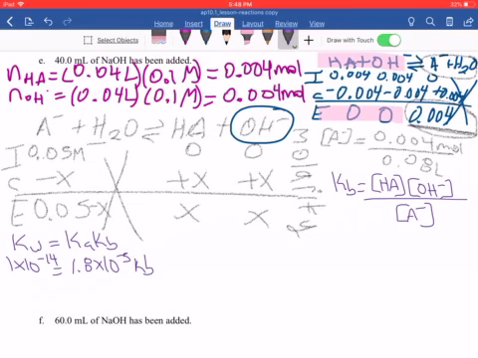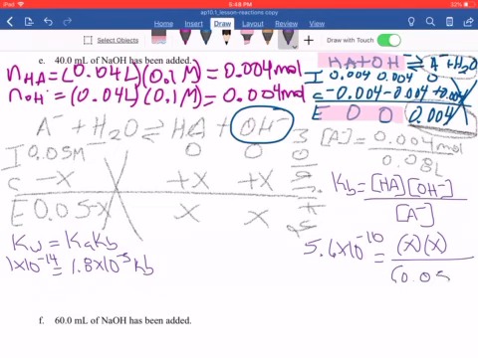So our Kb should end up being 5.6 times 10 to the negative 5th. Sorry, 10 to the negative 10. My bad. And then on the top, the products, x and x. On the bottom, we have 0.05 minus x, but because x is so tiny, it's negligible, so we can ignore it on the bottom. So we can just plug in 0.05 to make our lives easy.